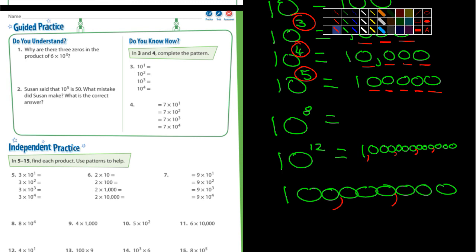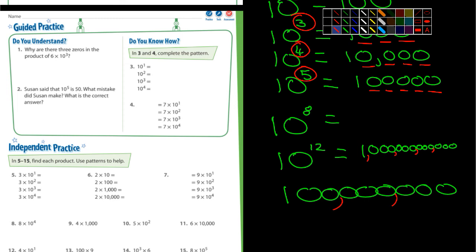That's a huge number. That's a million, and there's a billion. That's 1 trillion.